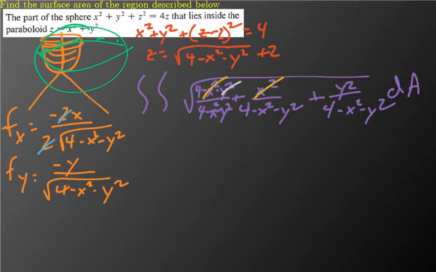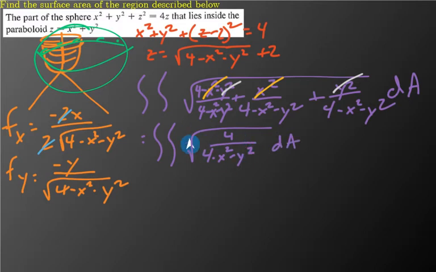Then you have a negative y squared and a y squared, also nice. So really, the whole double integral there reduces down to the square root of 4 over 4 minus x squared minus y squared, and then dA. So this is about as simple as we can get it right now.